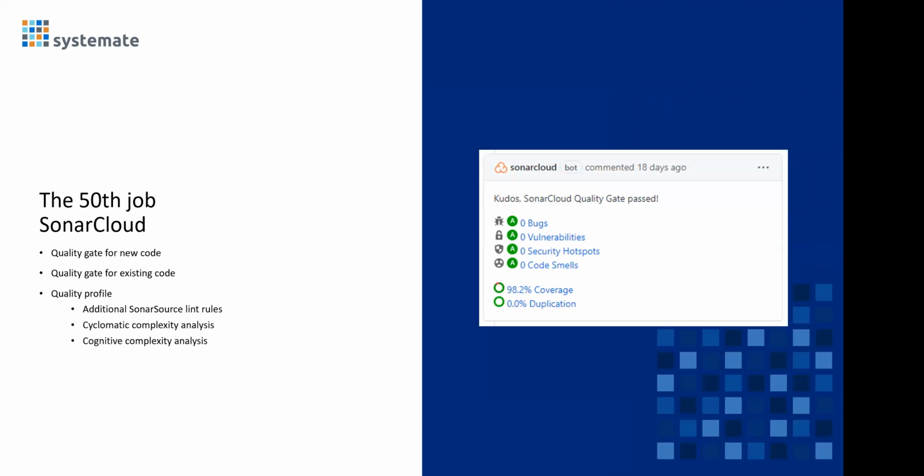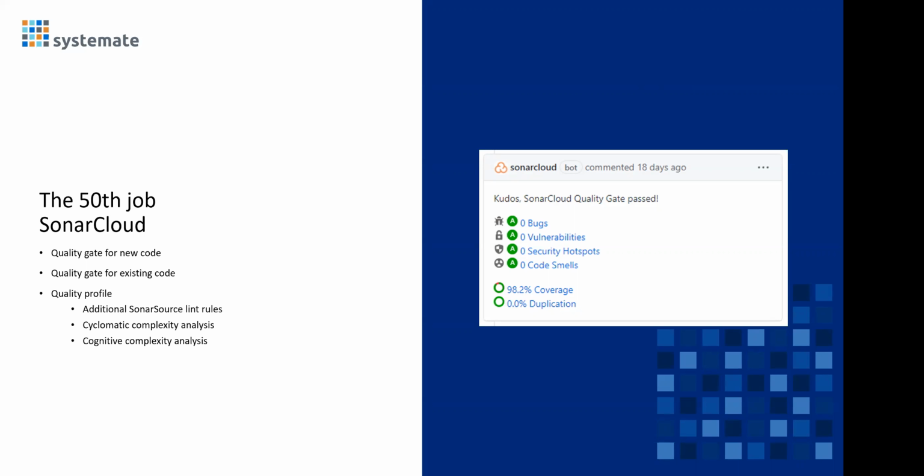The 5th job we have is running Sonar Cloud. Sonar Cloud has an open source license, so we're using that for free, as well as a public open source repo. It allows us to set up what they call quality gates, so we can have a threshold for test coverage and all these metrics they provide here. They call it bugs, vulnerabilities, security hotspots, and code smells and duplication detection.